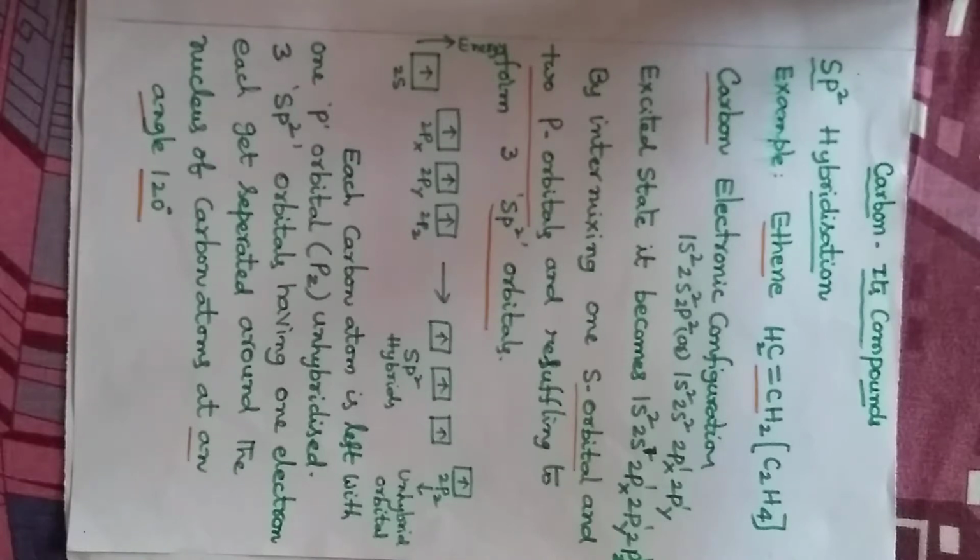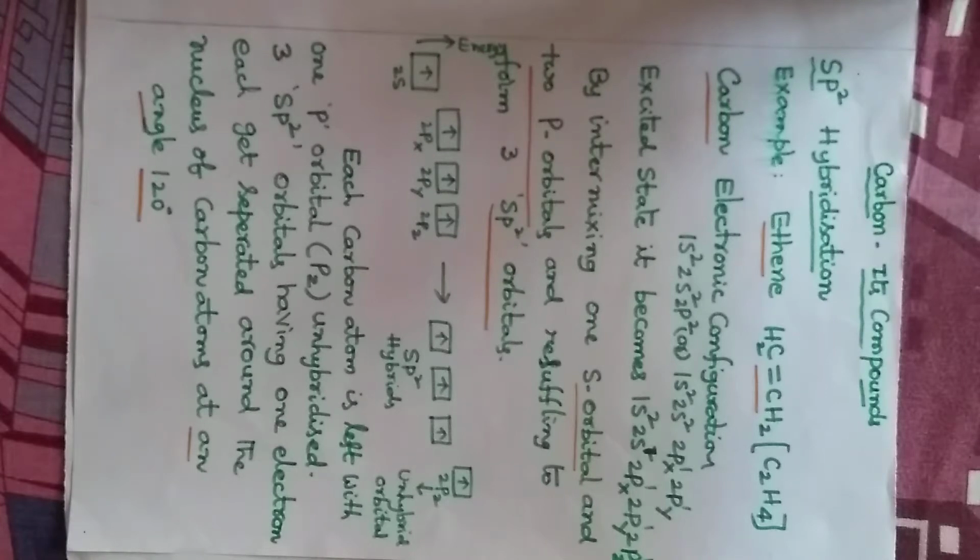That means 2px1, 2py1. In the excited state, it becomes 1s2, 2s1, 2px1, 2py1 and 2pz1. By intermixing one s orbital and two p orbitals and reshuffling, we form 3 sp2 orbitals.